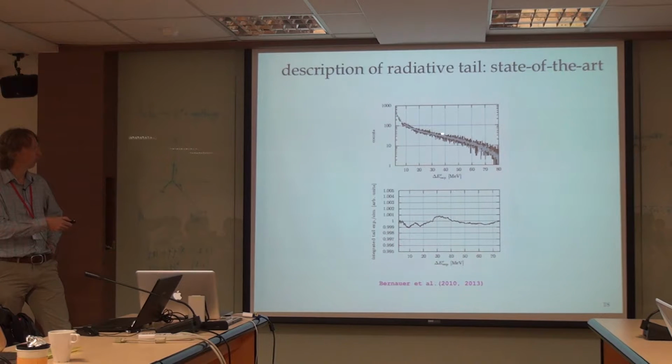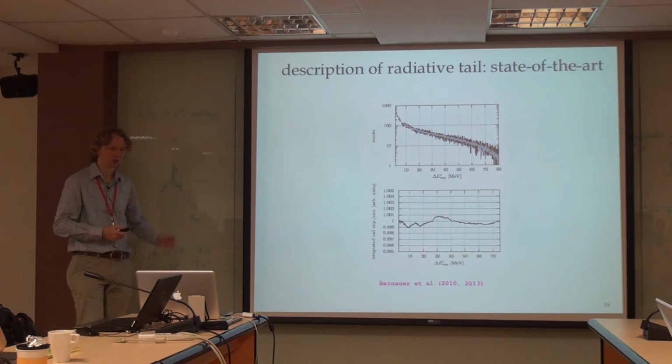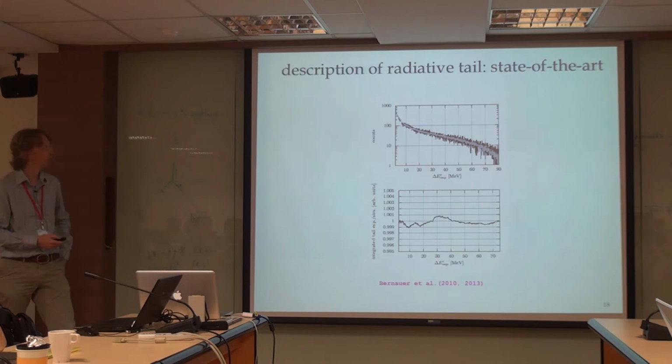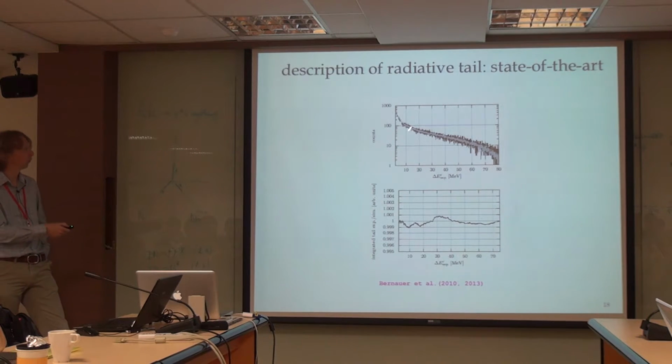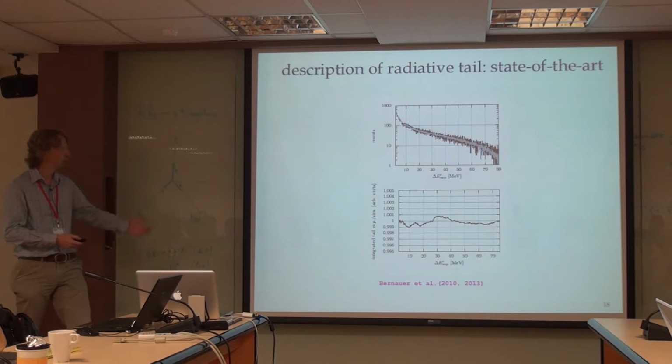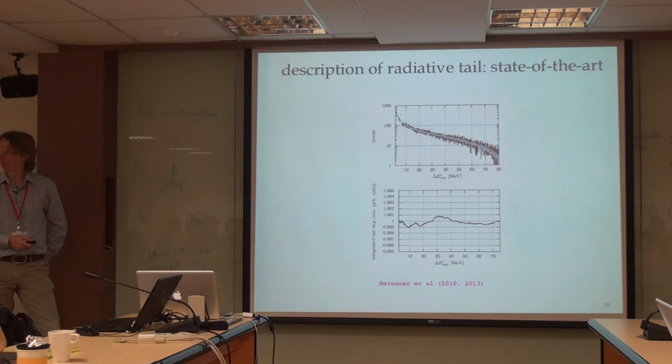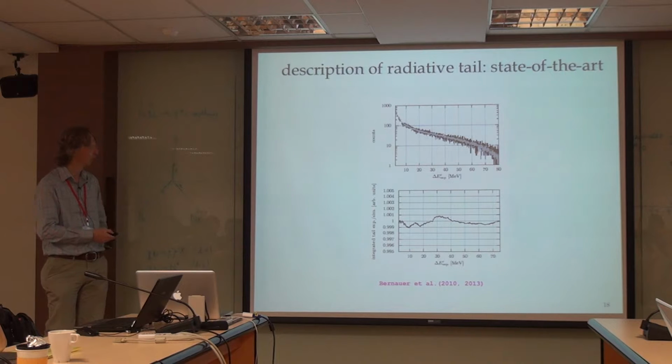Then if you go away from this energy, it just means this is the energy which is taken away by a photon which is radiated. This is the so-called radiation tail. And this radiation tail has a logarithmic dependence on this energy. And this depends, of course, on your detector setup and what is the resolution in your experiment.